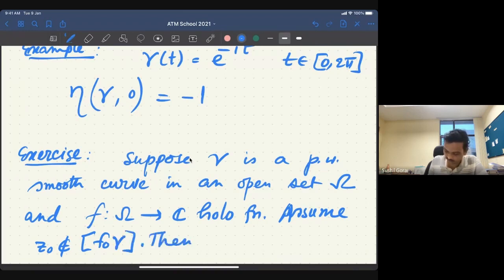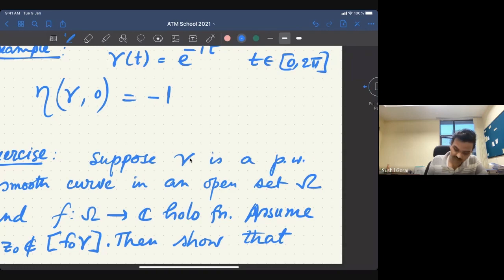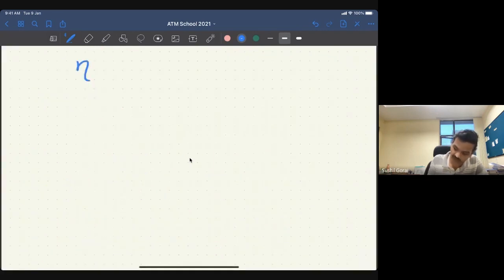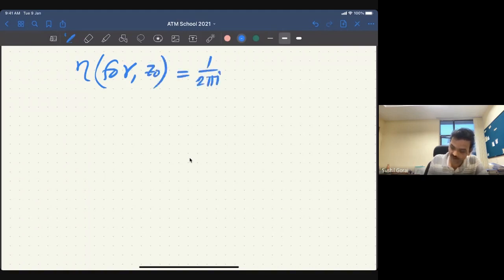Then show that the winding number of f compose gamma with respect to z0 can be given in terms of an integral formula like this: the integral of f'(z) by f(z) minus z0 dz.